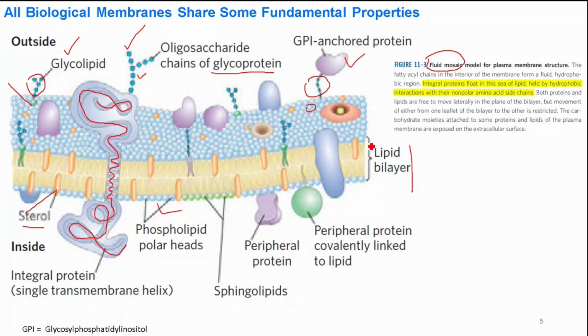This is the labeling, and we can see some peripheral proteins are covalently linked to the lipid, and some peripheral proteins are attached loosely to the membrane. Sometimes because of some charge they are detached, because of some function they are attached, and sometimes detached when they are not required. So these are the components of the cell membrane.